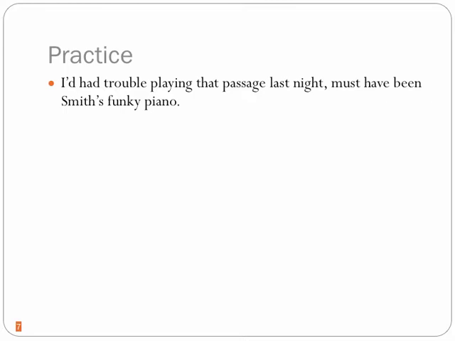And of course, it's likely to be the funky piano of Smith. And this is relevant difference reasoning. Right, so again, in that example, there is a relevant difference that causes an exclusive event. The relevant difference is the funky piano, the exclusive event is trouble playing, and it's relevant difference reasoning.